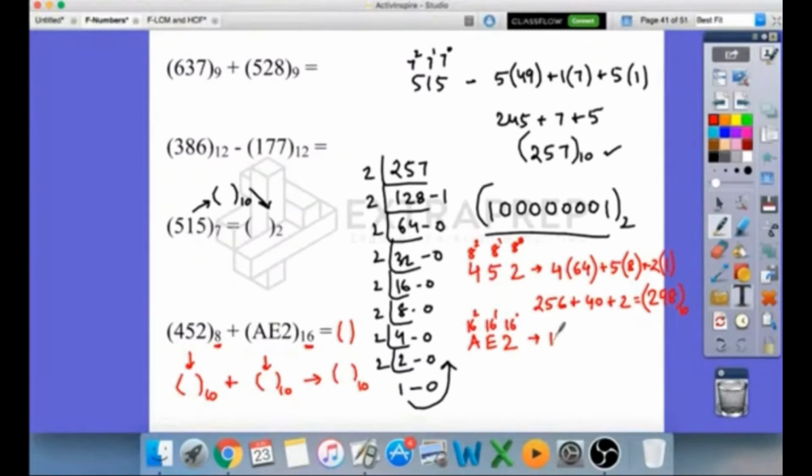So you have 10 into 16 square, which is 256, plus, what's the value of E? 14 into 16, plus 2 into 1. That's equal to 2560 plus 14 14s is 196, and you'll have to add another 2 more.